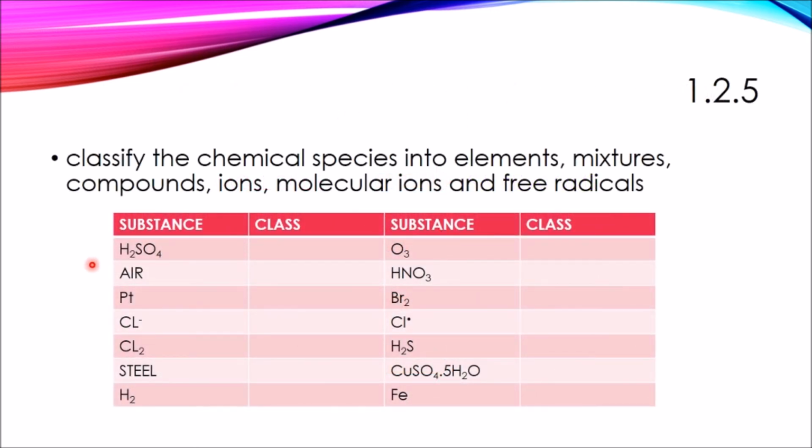So we have H2SO4 and you have to identify its type. ये इनमें से क्या है, एलिमेंट है, मिक्सचर है, कंपाउंड है, आयन है, मॉलिक्यूलर आयन है या फ्री रेडिकल है. So boys, H2SO4 is actually made up of different atoms. If you see, it has hydrogen atoms, it has sulfur atom, it has oxygen atoms.